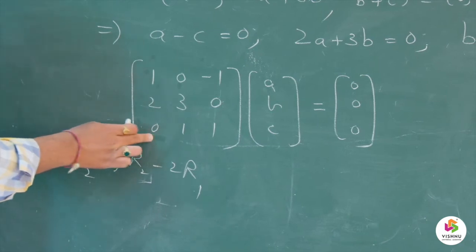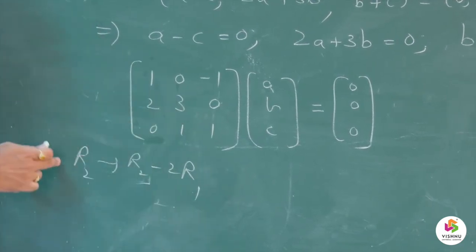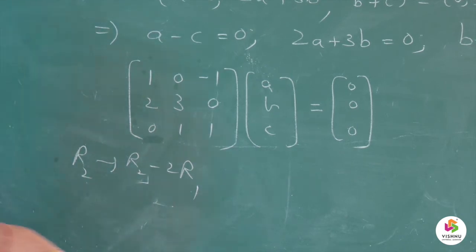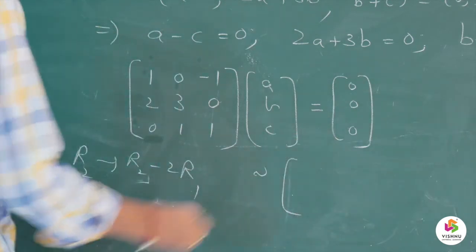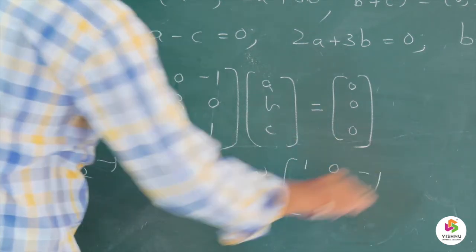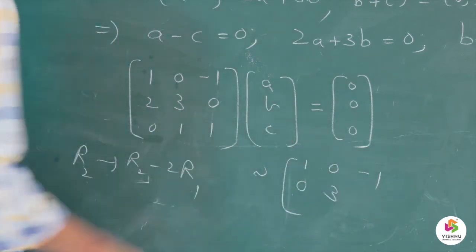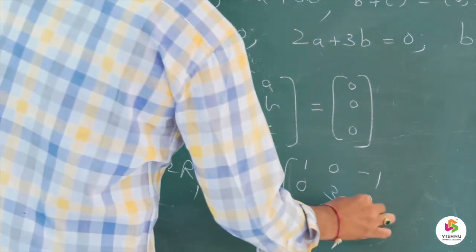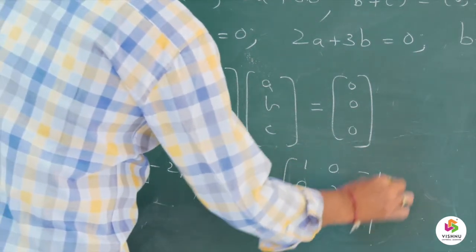Since 0 is present in the third row, there is no need to apply a row operation there. So I apply only one operation for the second row. This is equivalent to the coefficient matrix: 1, 0, minus 1; then 0, 3, 2; and here you have 0, 1, 1.